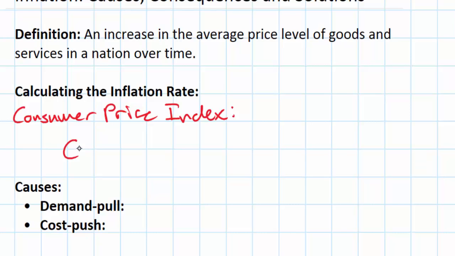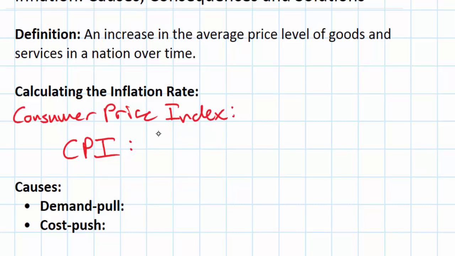The CPI is basically a basket of goods purchased by the typical consumer in a nation. It might include thousands of different goods ranging from things like electricity to cell phone service to restaurant meals to laptop computers and other goods, fuel for automobiles. It adds up the price of all these goods, puts it into one giant basket, and determines if the price of that basket of goods rises or falls over time.